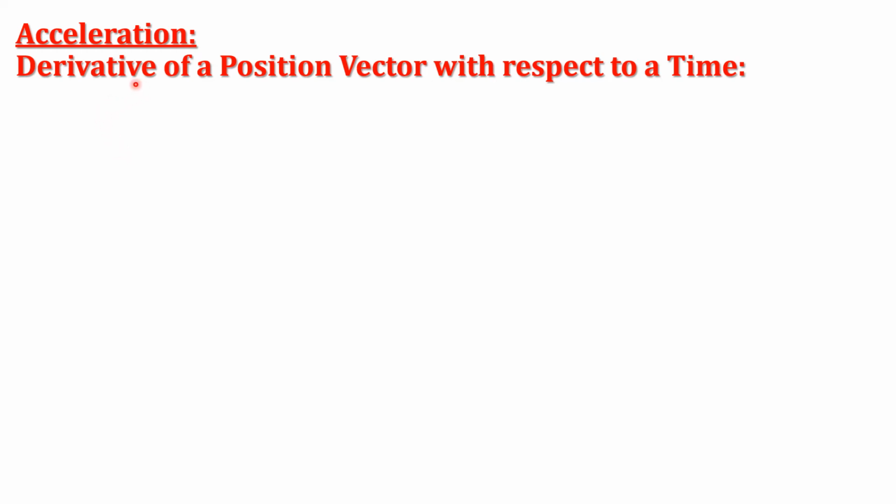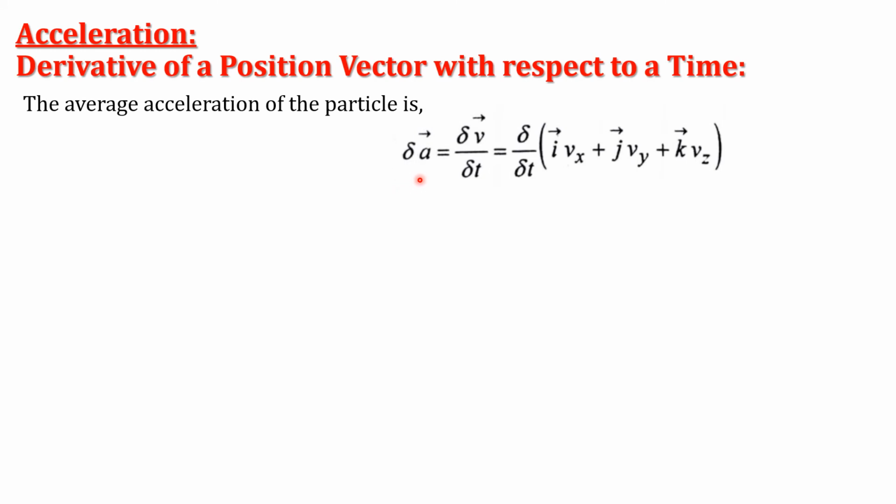If the velocity of the particle changes by delta v during a very small time interval delta t, then its average acceleration is, we write, the average acceleration vector delta a equal to delta v by delta t.